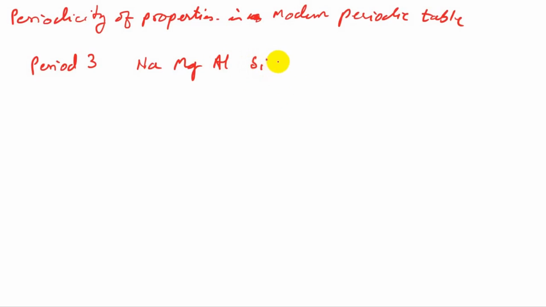So there is silicon, then phosphorus, then sulfur, and chlorine, and then comes argon. These are the elements present in period 3.